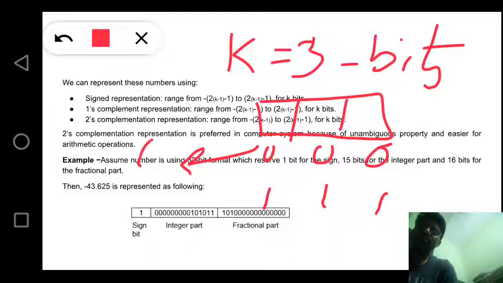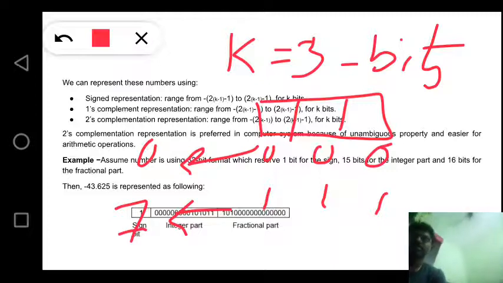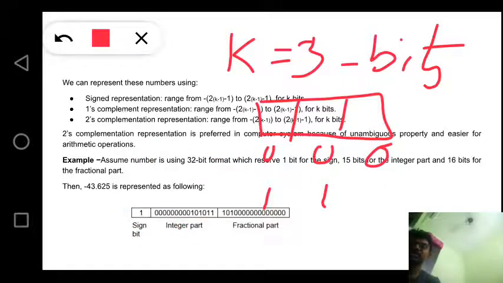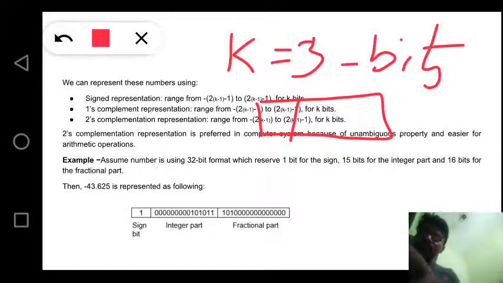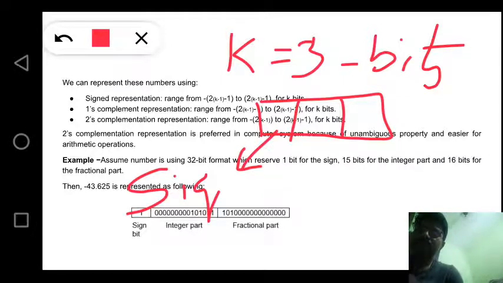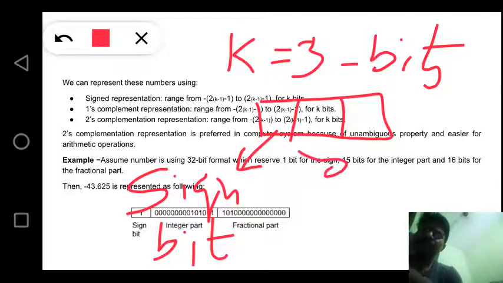This is 0, this is 7. This is unsigned representation. But what we are talking about here is signed representation. So in case of signed representation, out of these 3 bits, 1 bit has to be reserved for the sign bit, and the remaining are magnitude or integer part, right?